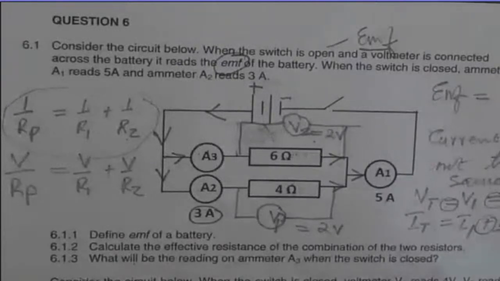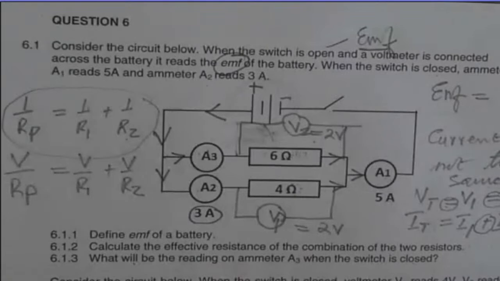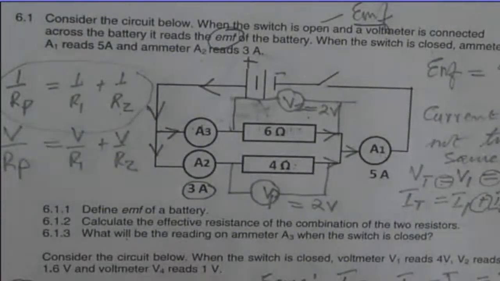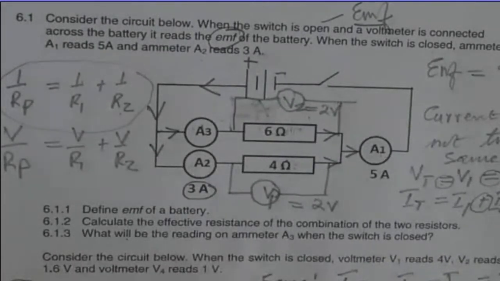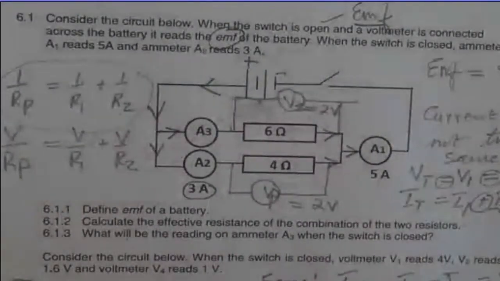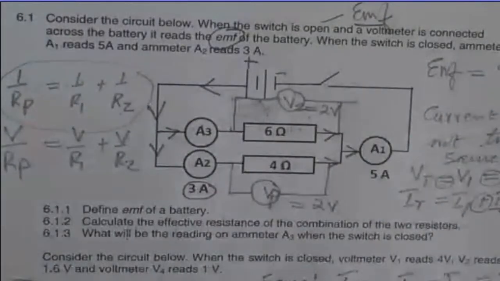V total will be equal to V1 plus V2 plus V3. If you talk about the potential difference, I'm referring to energy. The energy that is going to transfer to the 5 ohm resistor is not going to be the same as the energy transferred to the 7 ohm resistor as well as the 8 ohm resistor, because these resistors are not identical. If they were identical, they would share the same energy.